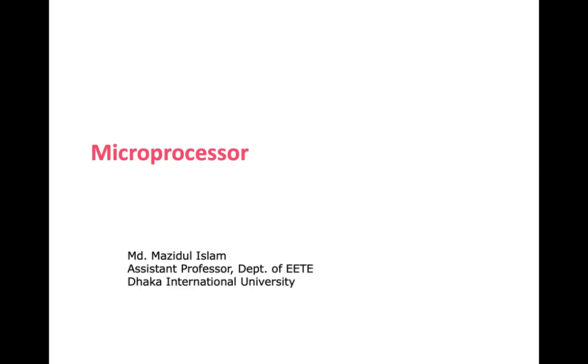The subject has two parts, microprocessor and microcontroller. Do you know what a microprocessor is? Amit? Yes, sir. It's a chip, like an IC. Yes, a microprocessor is just a chip.